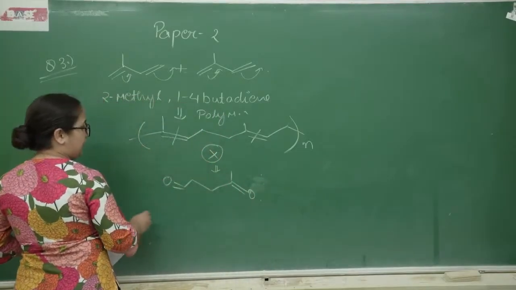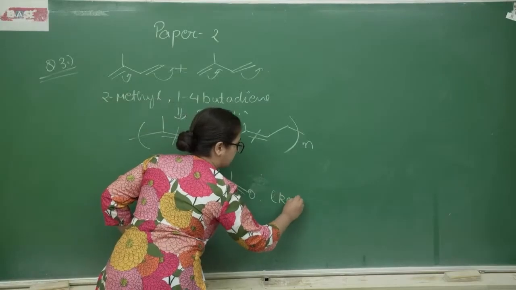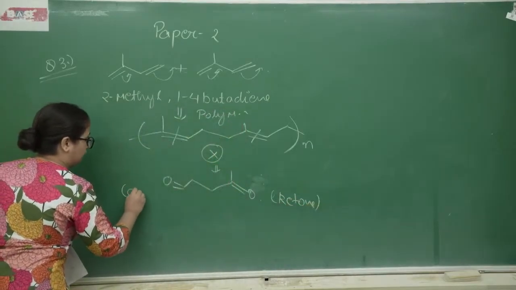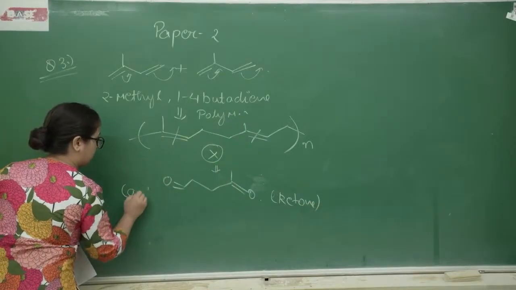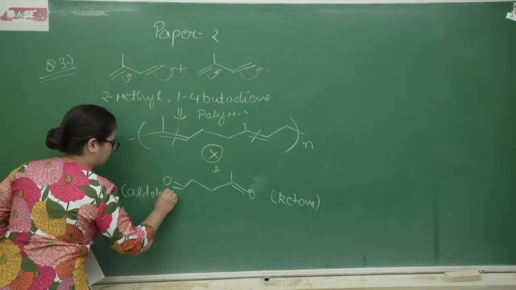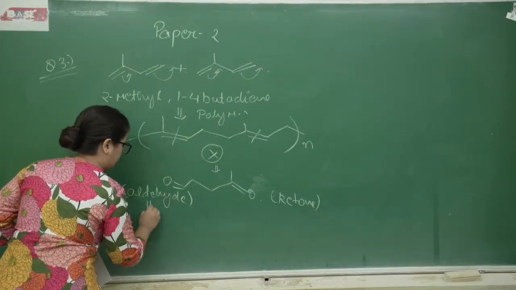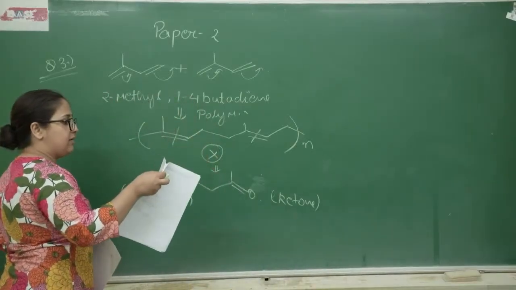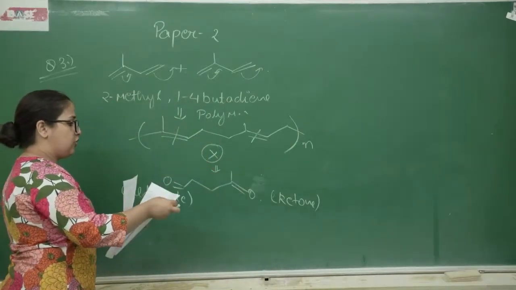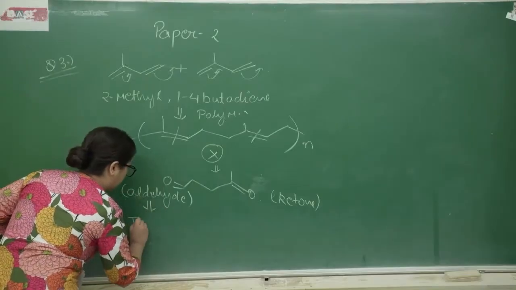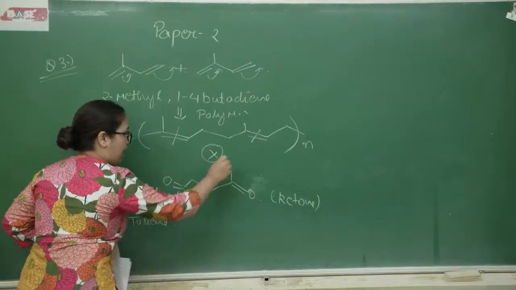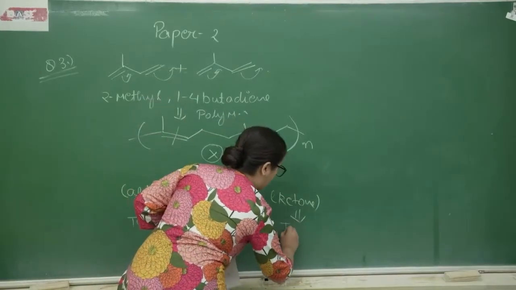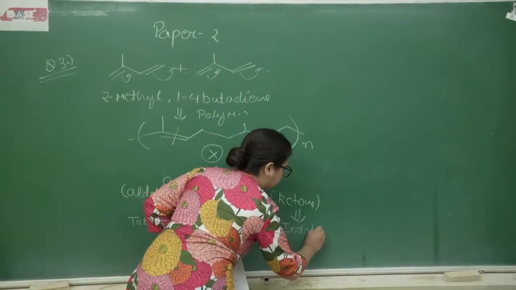So we will get a ketone part, and another we will get an aldehyde. Now, we are given in the question that X is giving positive iodoform as well as Tollens. The aldehyde part will give a positive Tollens test, and the methyl ketone part will give you a positive iodoform test.